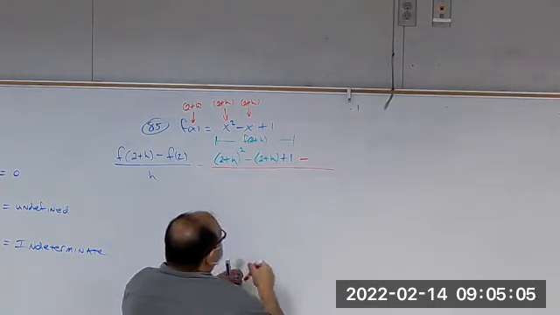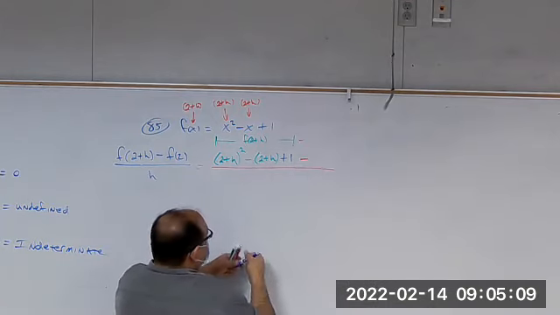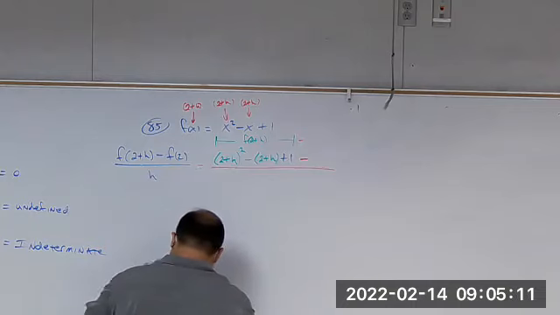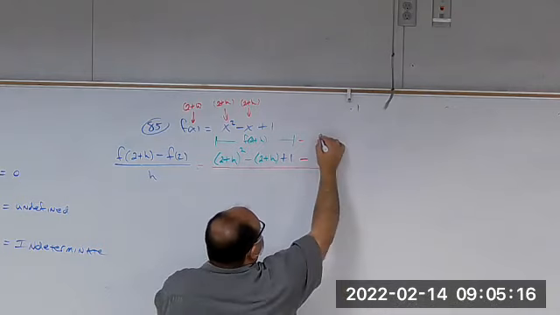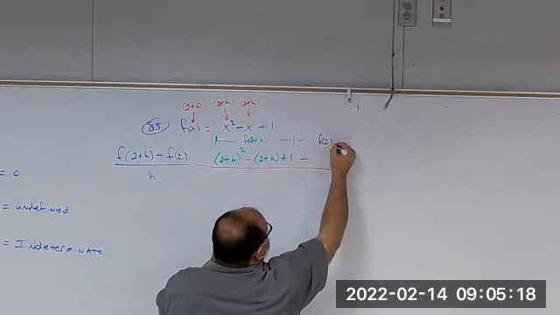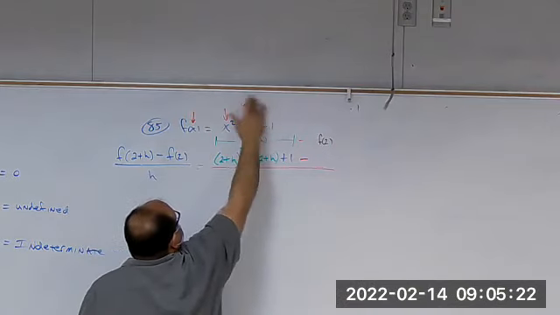Now you're supposed to go minus, the second part is going to be f of 2. Now, you're going to replace the x's with a 2.